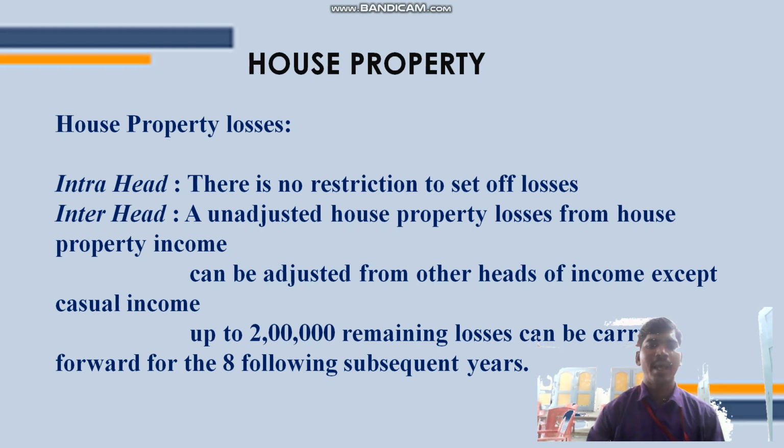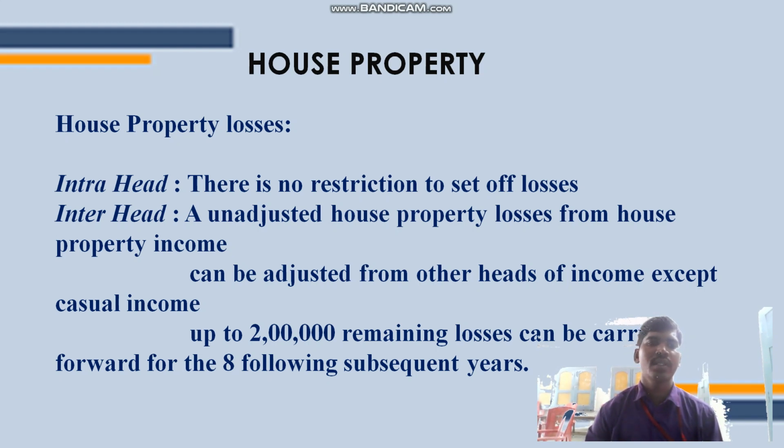If there is an absence or not enough income from the house property, those unadjusted losses can be adjusted from the other heads, namely from the salary, from the capital gain, business or profession, or other sources also, except the casual incomes.